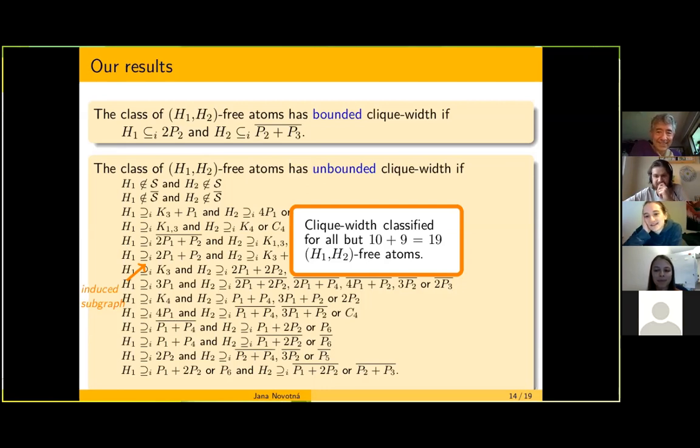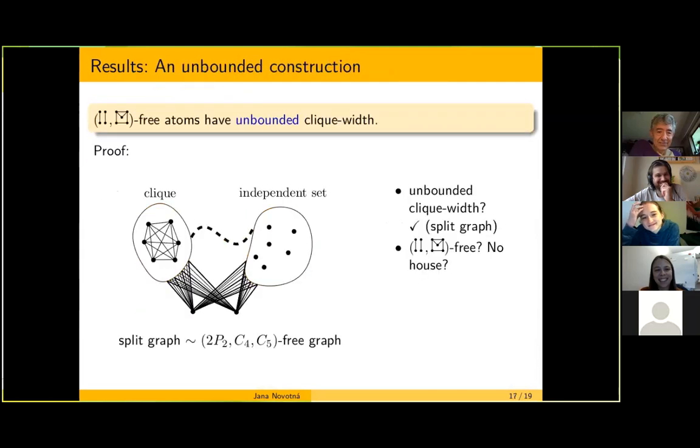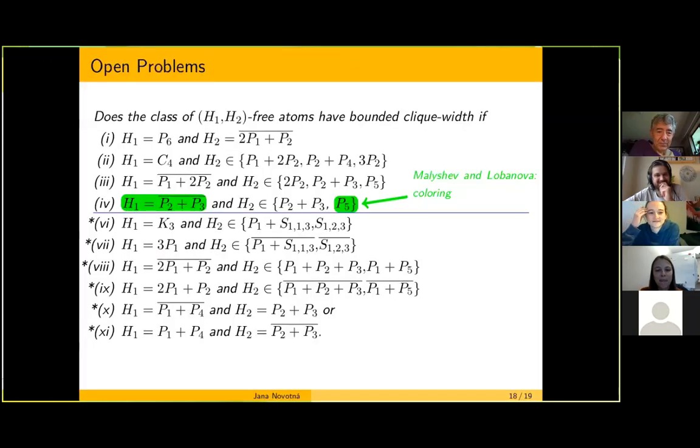Maybe I have a question. Which one of the open problems do you think is the hardest, except for the ones that have unbounded clique-width? Sorry. It's really hard to say. I was thinking that maybe one of those first two.